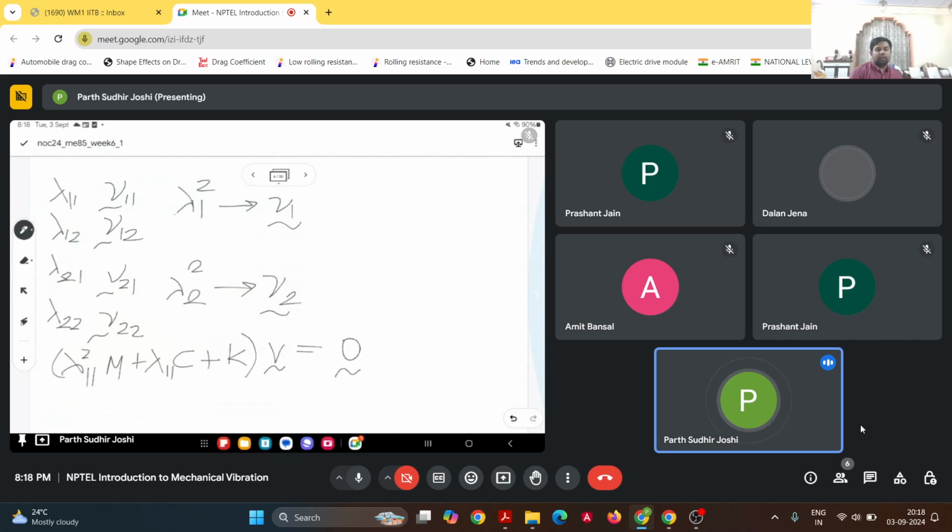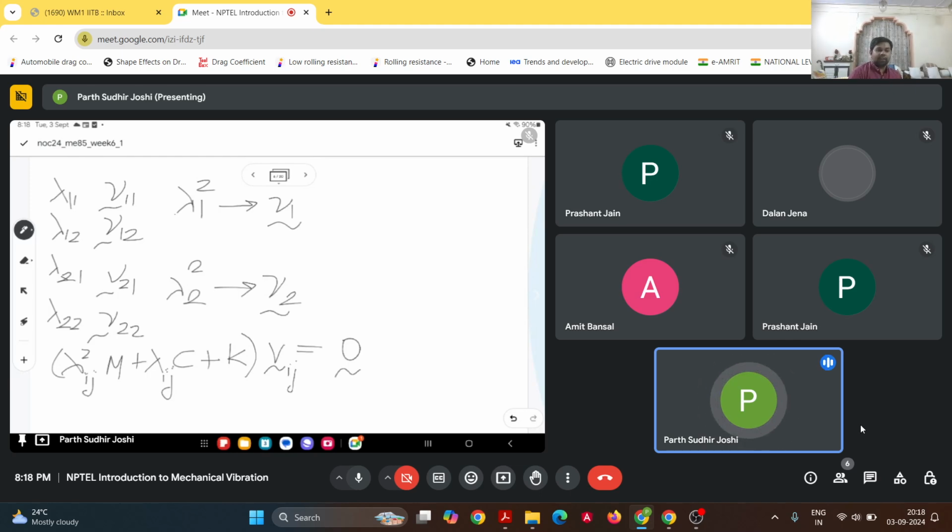Yeah. So we have to solve basically for this equation for each root. So we can generalize this equation as, let us call it lambda square ij and v subscript ij.